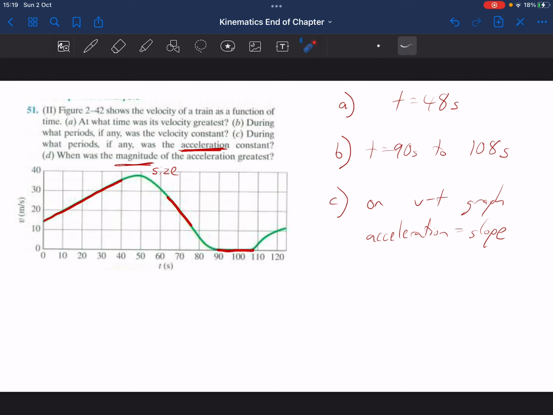So right here, this last section, the acceleration is actually 0, but that is constant acceleration. Acceleration of 0 is constant acceleration. So here we have a constant acceleration, here we have a constant acceleration, and here we have a constant acceleration. So we're going to estimate those times.